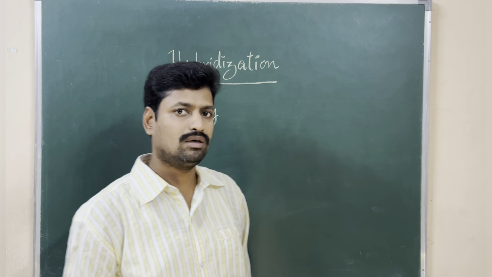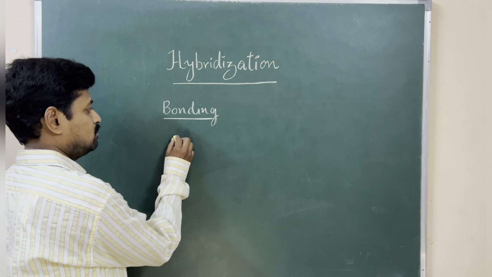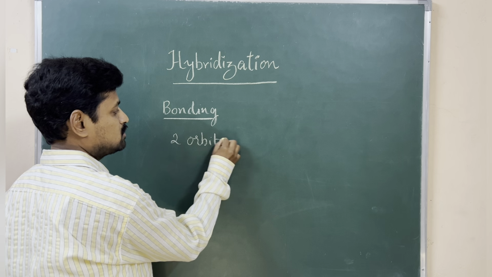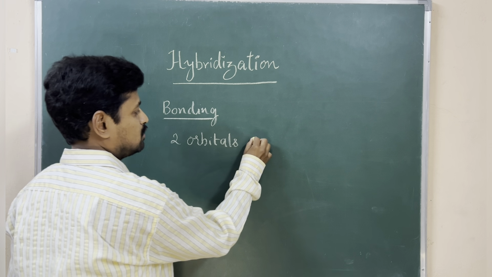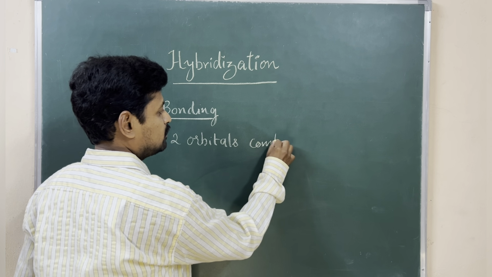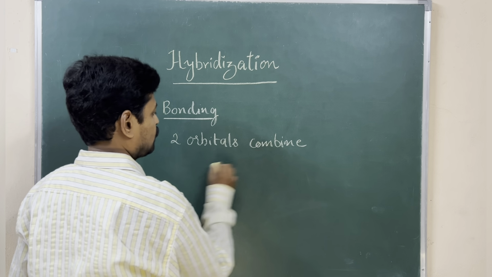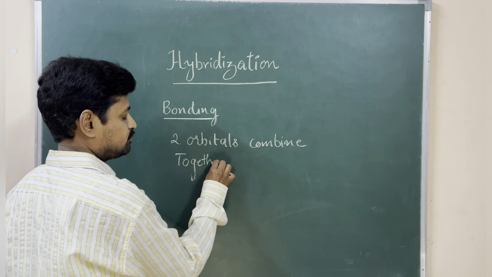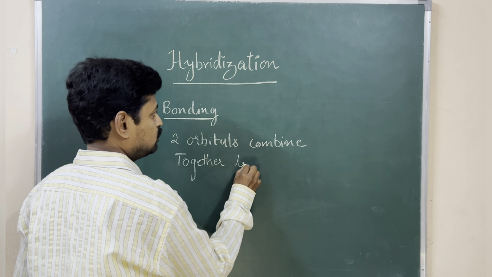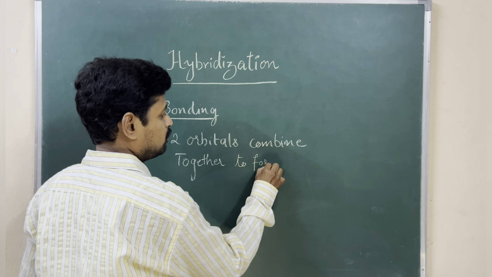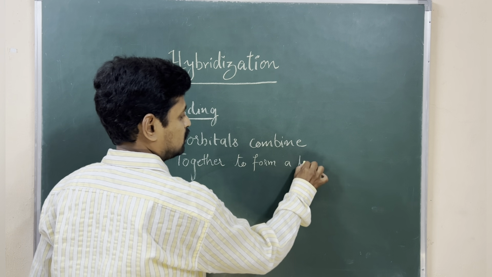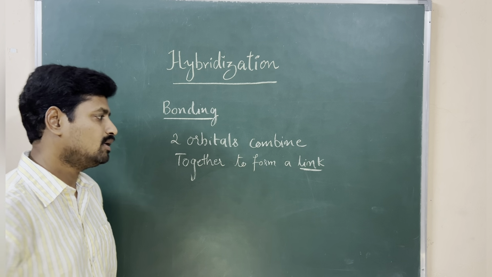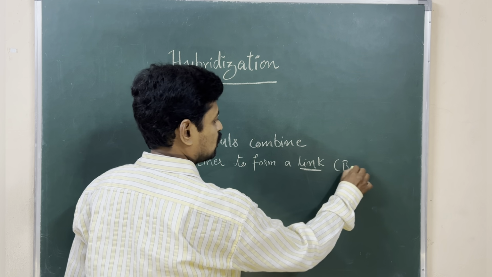Bonding is nothing but when two orbitals combine together to form a link. A link here is what we call a bond.